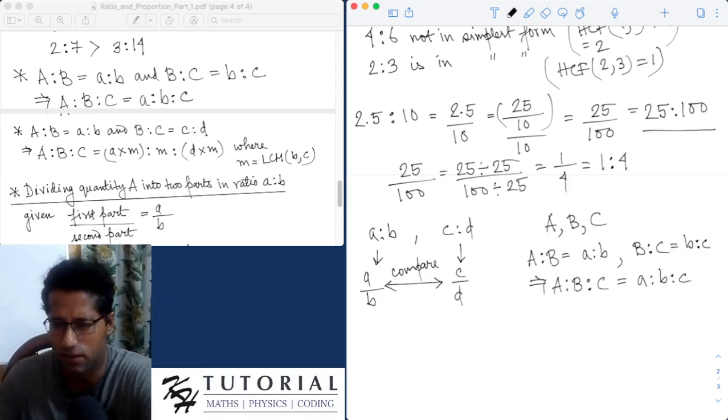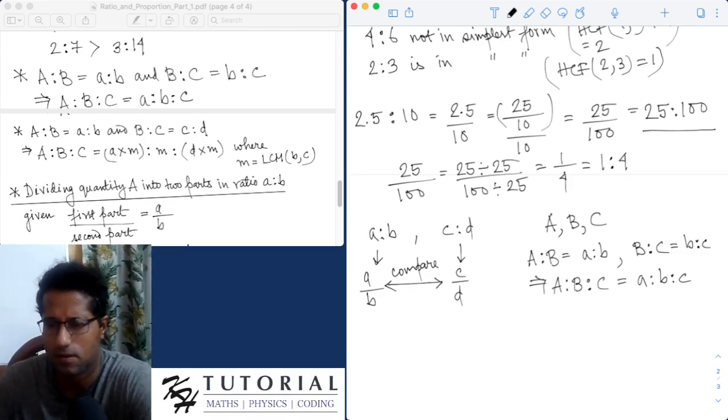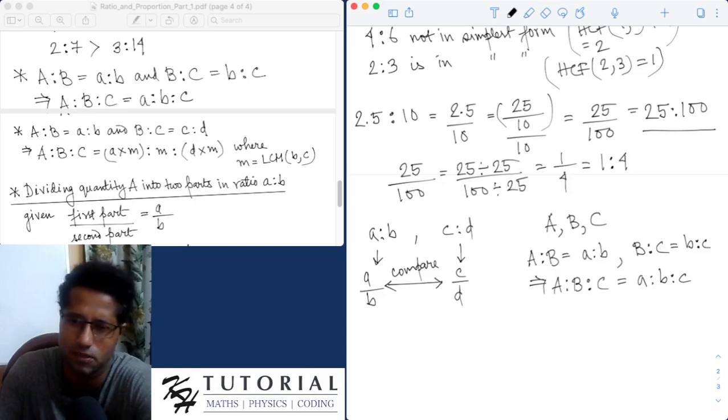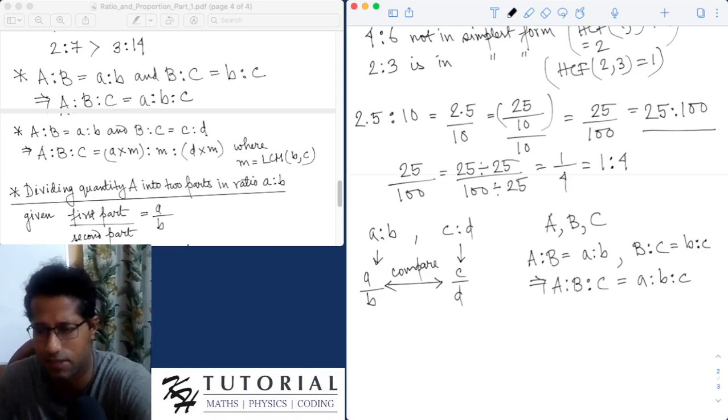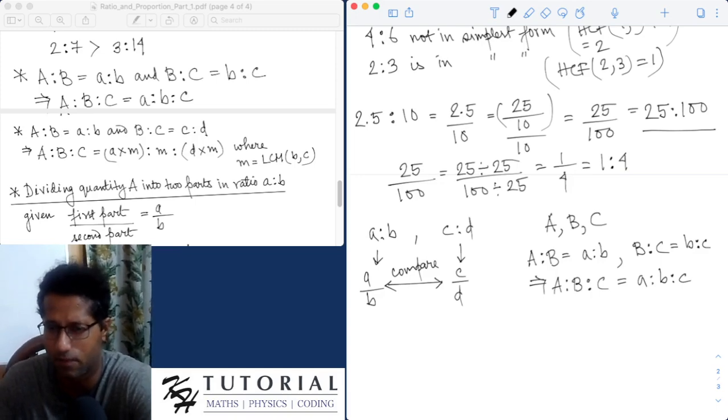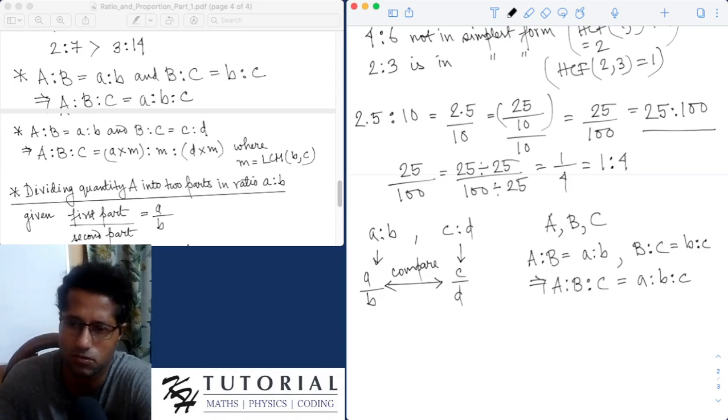So conversely, from the given facts, capital A is to capital B equals small a is to small b, and capital B is to capital C equals small b is to small c, we can say that the ratio of capital A, capital B, capital C equals small a is to small b is to small c.